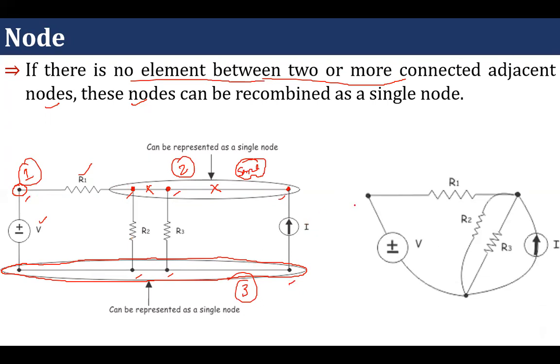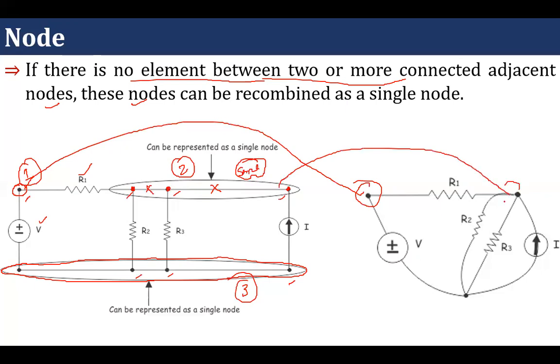So the same circuit can be represented in this manner. This node is here, and all these nodes are here, and all these nodes are at this point. So typically we have only 3 nodes within this circuit.